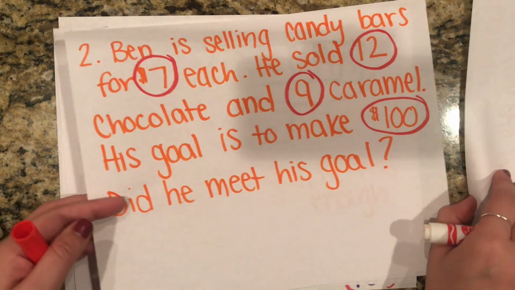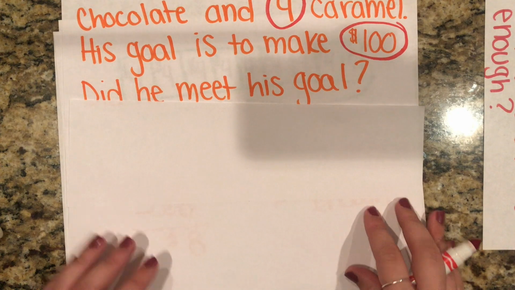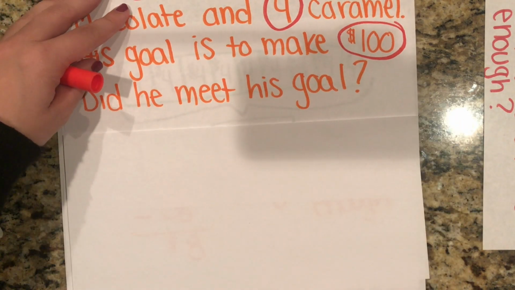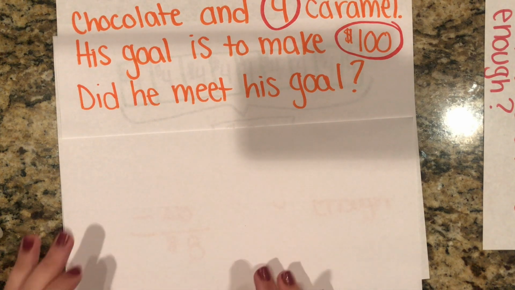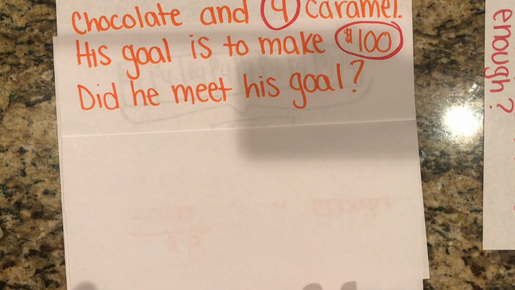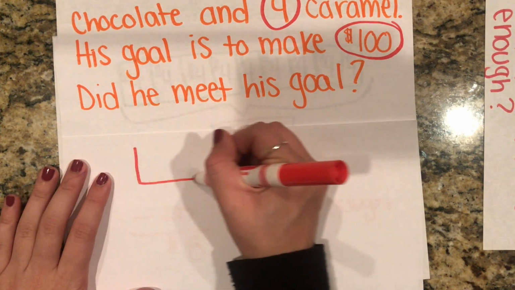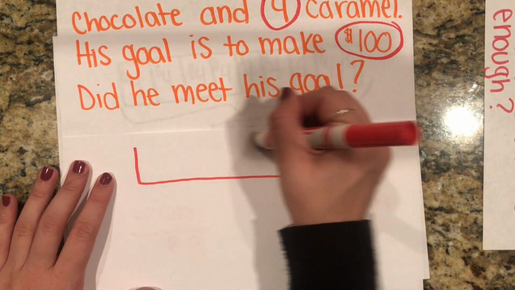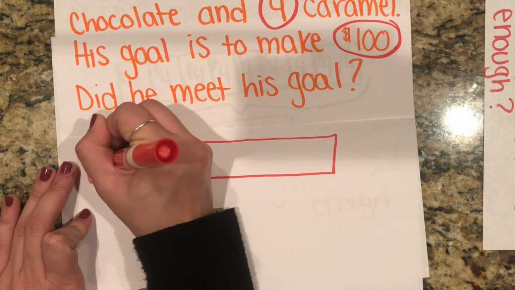So I have a couple of things I need to solve for because these are two-step word problems. Ben is selling candy bars for $7 each. He sold 12 chocolate and 9 caramel. So, first I can draw a tape diagram for the chocolate, and I'm going to write chocolate over here.